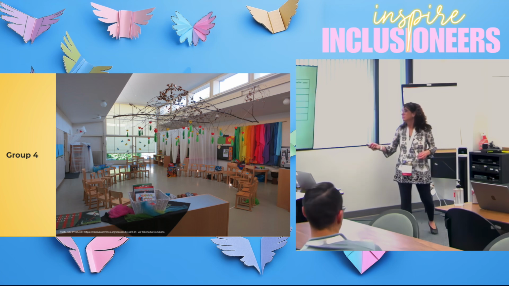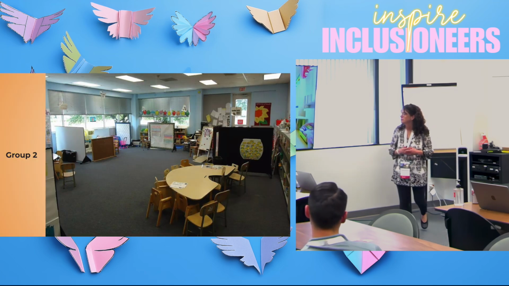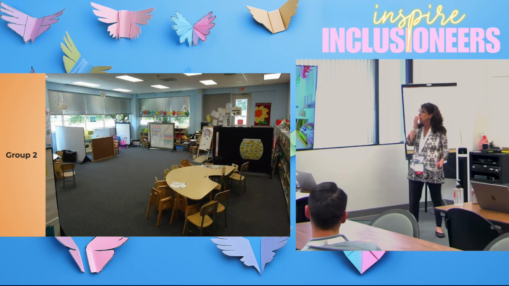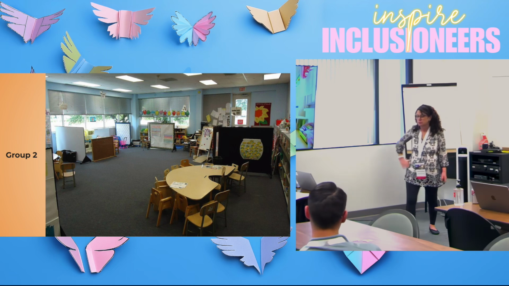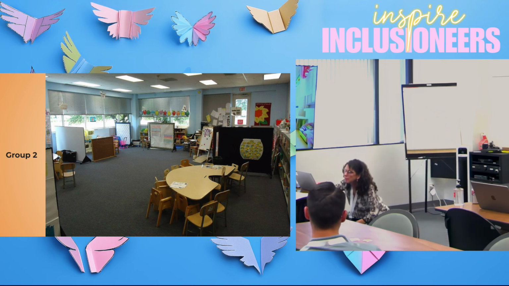Okay, last one. What about this? So in terms of the good things about it, we like that there was natural light. Everything seems to have a place, even though there's open cabinetry, it seems to be empty.